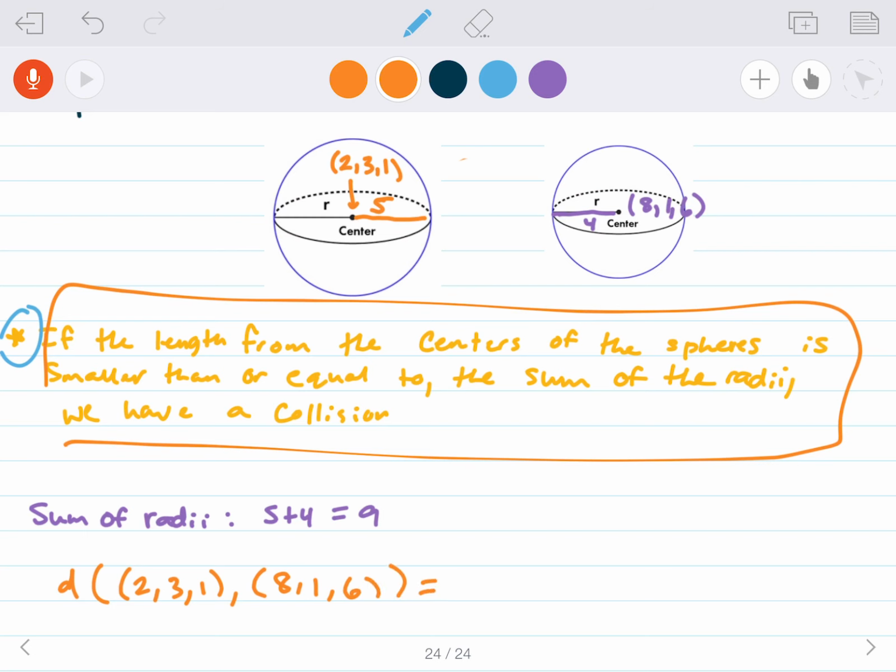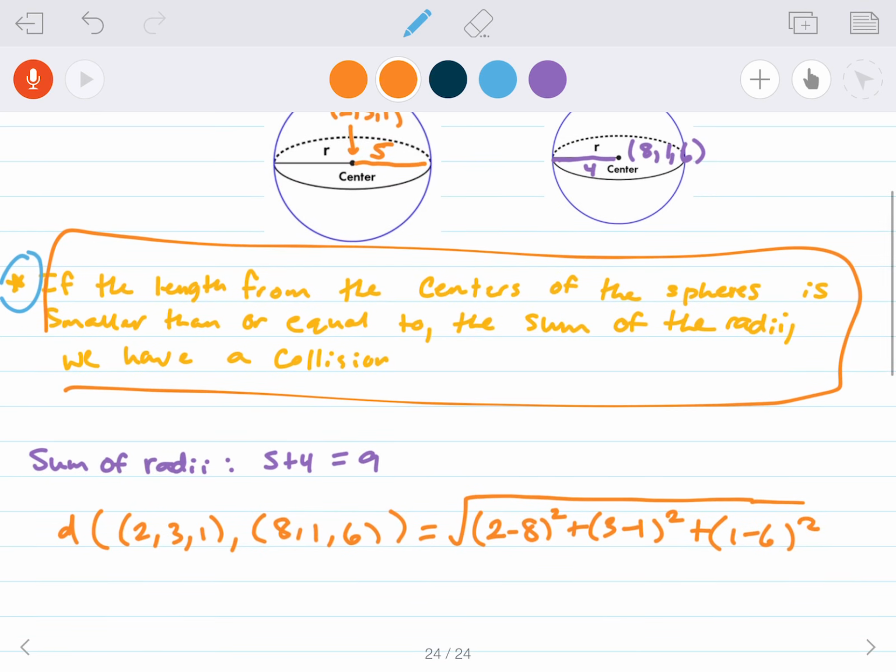And so we use the distance formula. We're going to do the square root of 2 minus 8 squared plus 3 minus 1 squared plus 1 minus 6 squared. Simplifying this out, 2 minus 8 is going to give us negative 6 squared, which is 36, plus 2 squared is plus 4, plus negative 5 squared is plus 25.